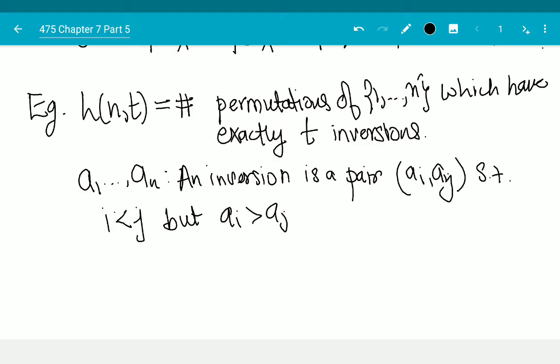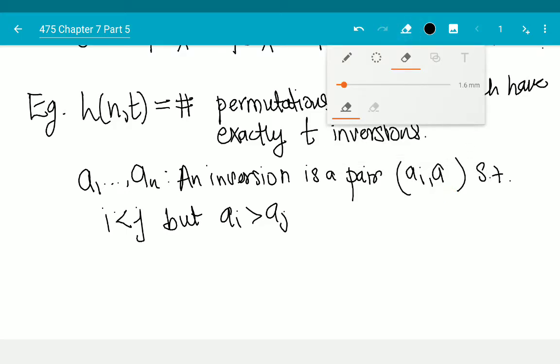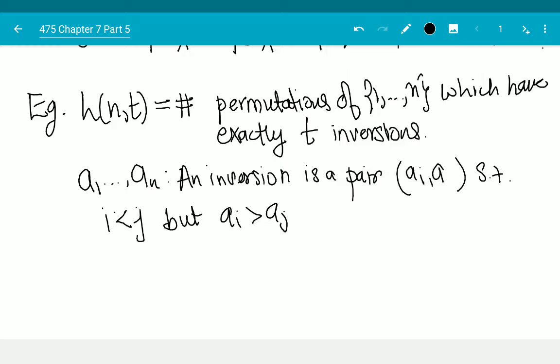Basically their places are swapped in a way. The bigger number is in the smaller place and the smaller number is in the bigger place.